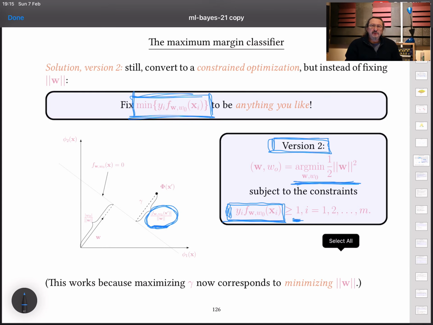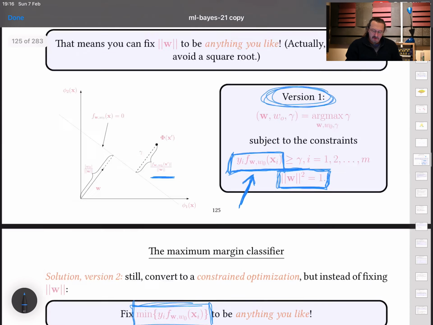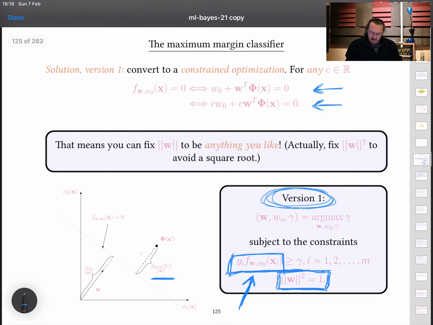Both of these formulations of the maximum margin problem are in the format of a constrained optimization problem with equality and/or inequality constraints. If we look at version 1, we're maximizing a very simple function, just gamma, subject to a single equality constraint and m inequality constraints.